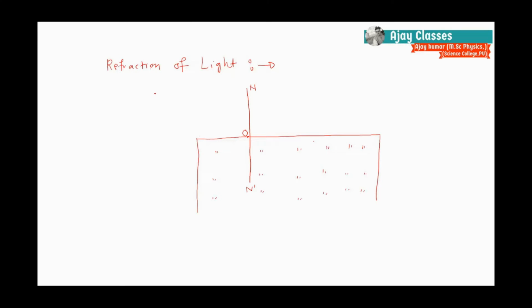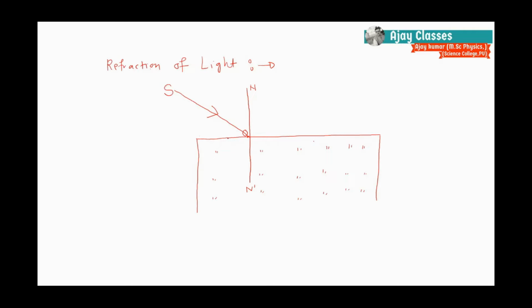Now, a ray of light is allowed to fall at the point O. This ray is incident, coming to the point O. Suppose S is the source of light from where the ray is coming to the point O. So O is the point of incidence as well as the point of refraction.